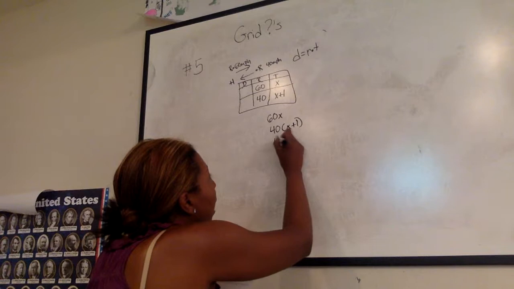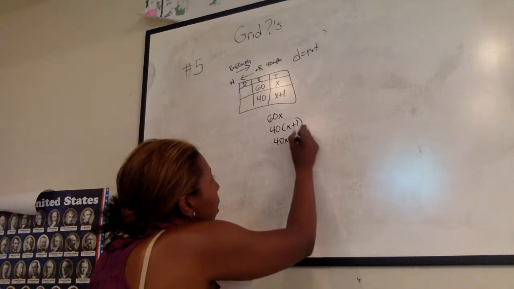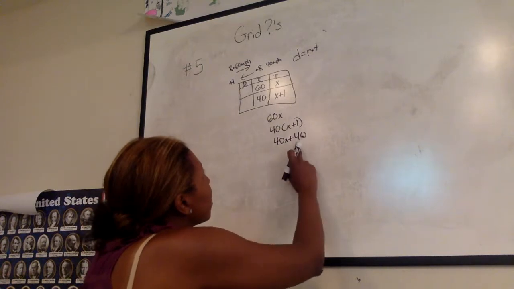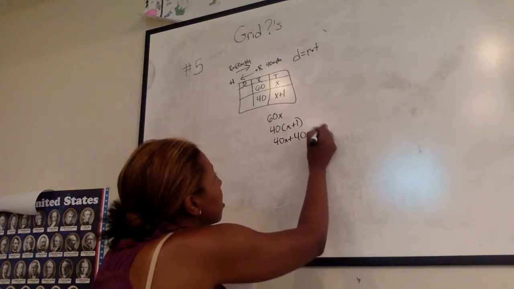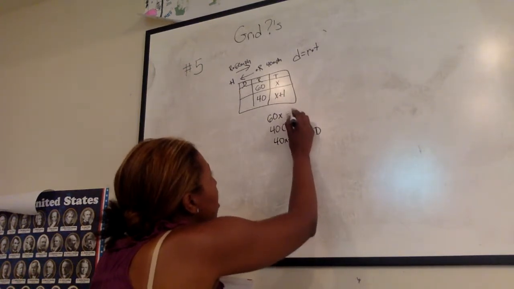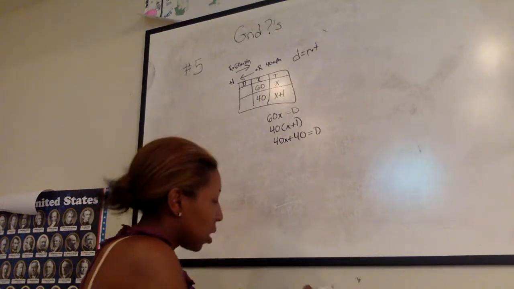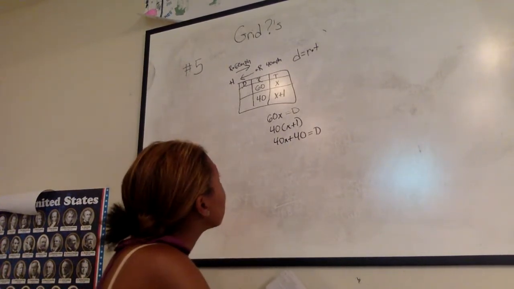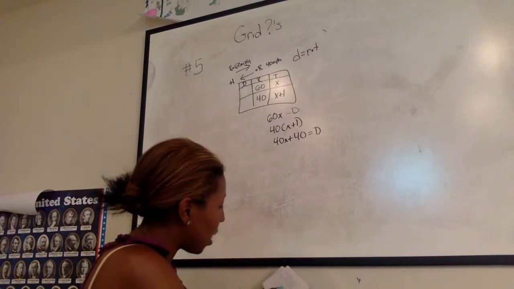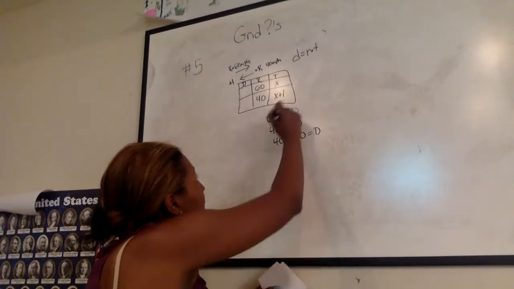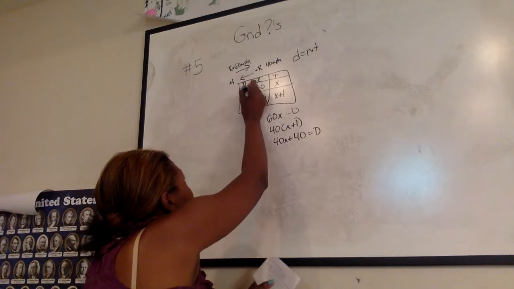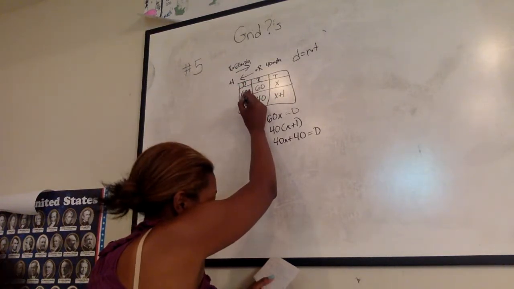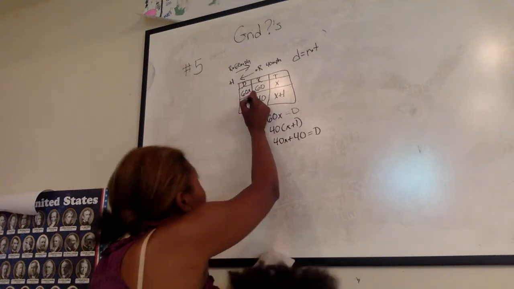So I have 40x plus 40, and this equals distance. So therefore, the time is x, but then the distance is going to give me 60x. So I'm going to put 60x here, and here I'm going to put 40x plus 40.